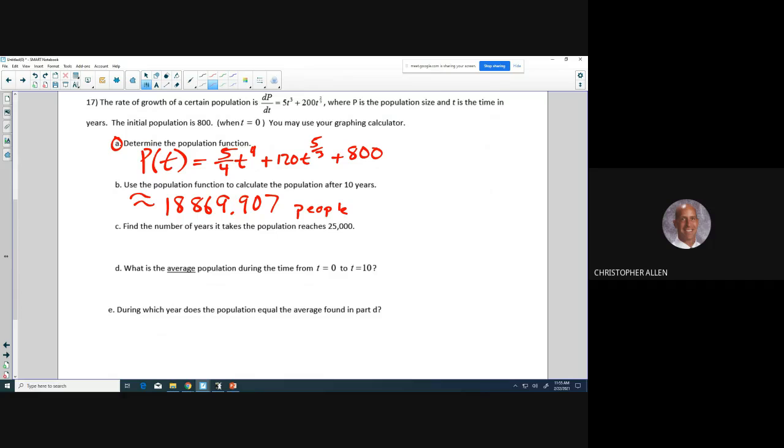This question didn't ask us to round, so I went out 3 decimals. If it said to round to the nearest person, you would round that up to 18,870.